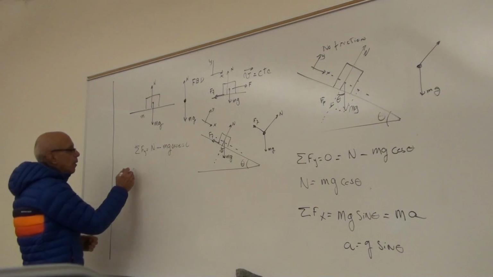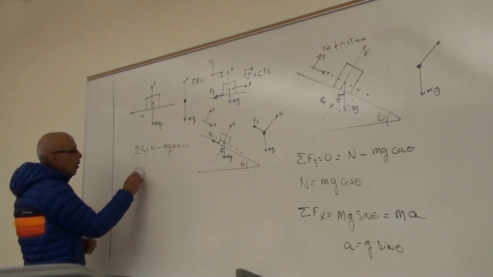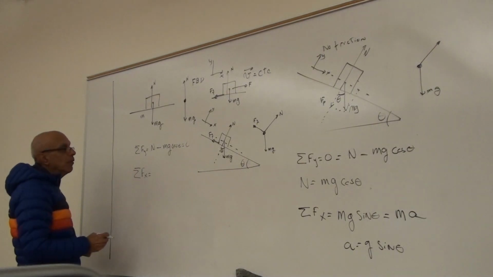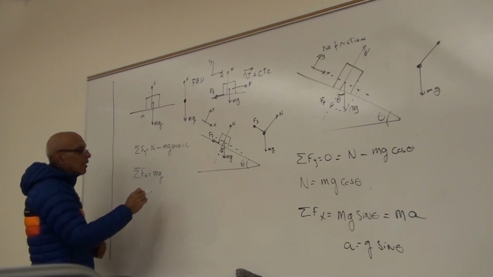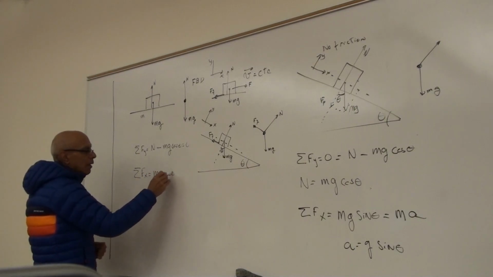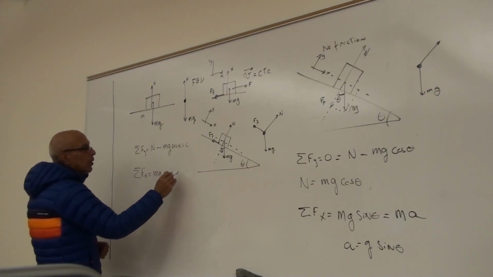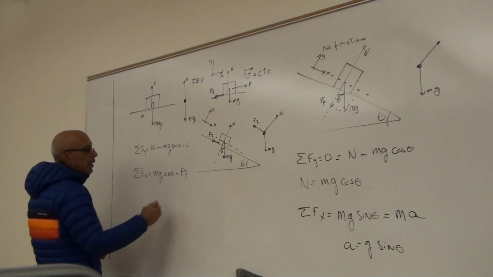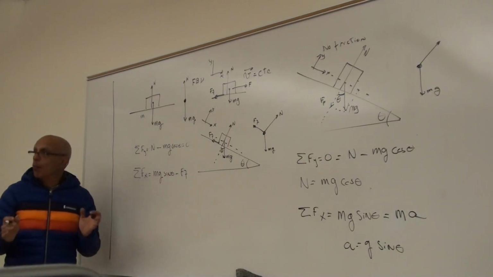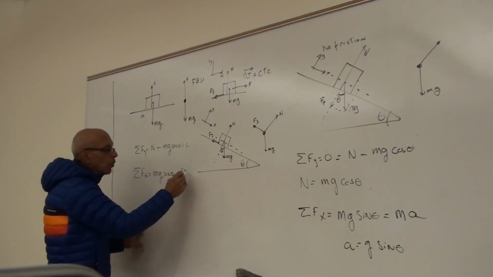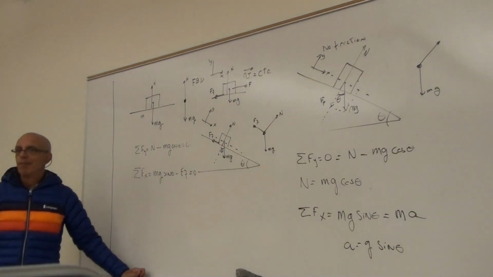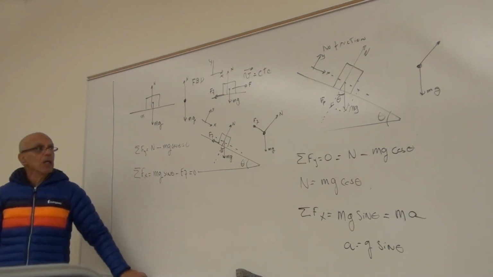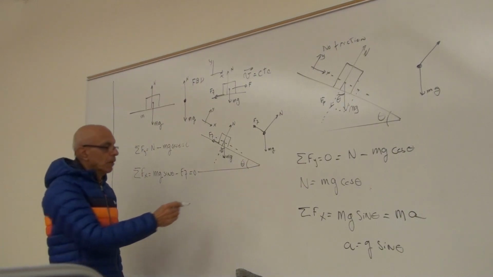So the sum of all forces in x is going to be mg sine theta minus f of x. And if it's not moving, this has to be equal to 0.